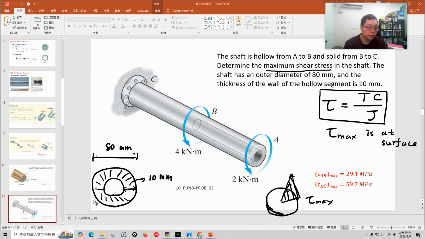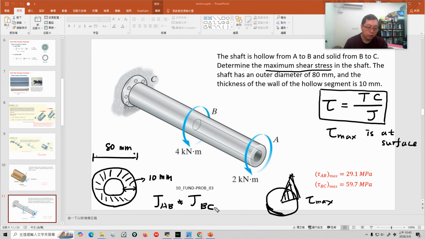So this is the cross section of the AB part. You will know that the polar moment of inertia JAB is not equal to JBC.